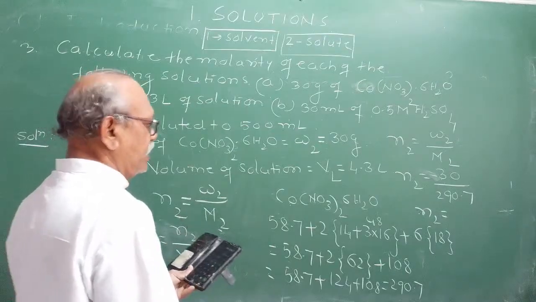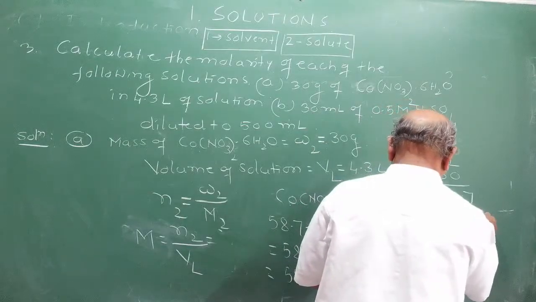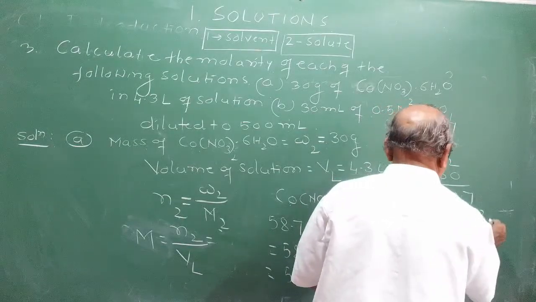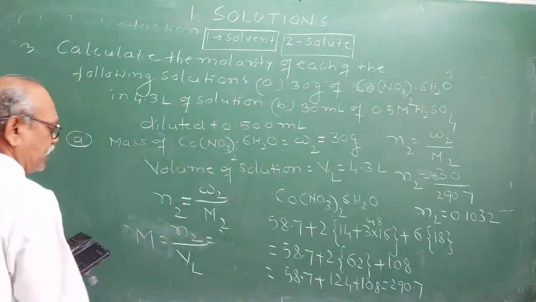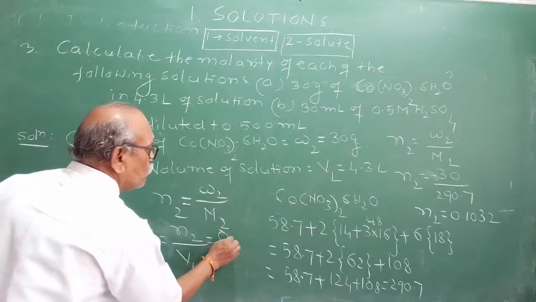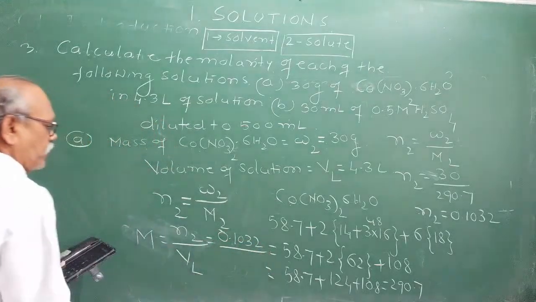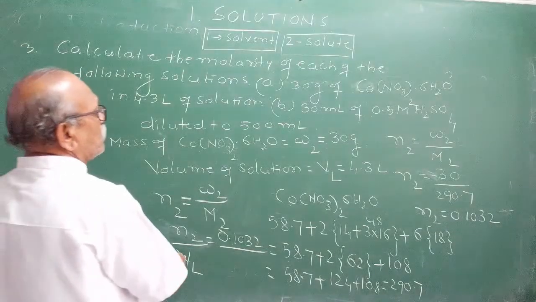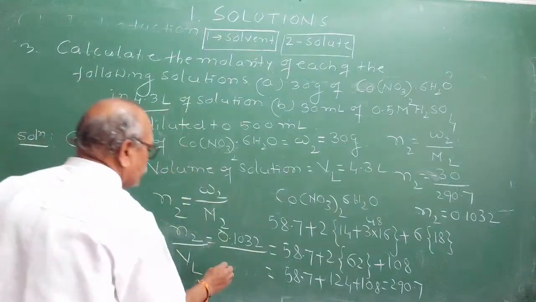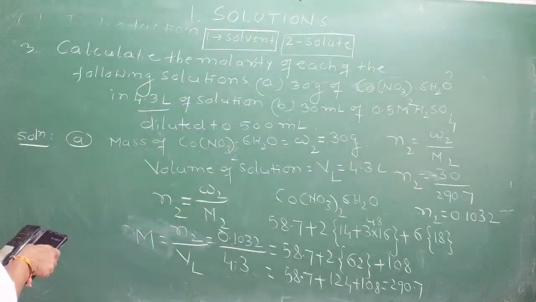You will get 0.103, round it off, you can take 0.1032. Now 0.1032 divided by the volume of the solution in liter. The volume of the solution in liter is given as 4.3 liter. Now divide it, you will get the molarity.